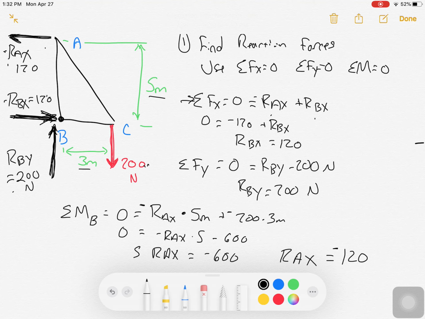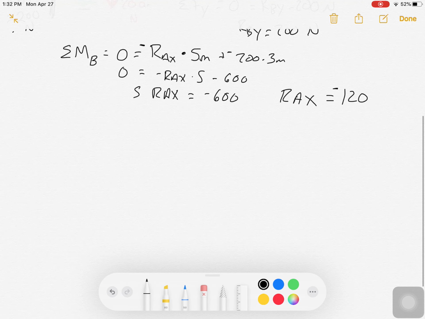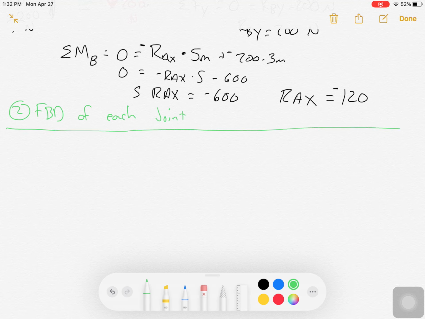My next step, step 2. We'll do each step in a different color here. Step 2. Draw a free body diagram of each joint. So I have 3 of them.